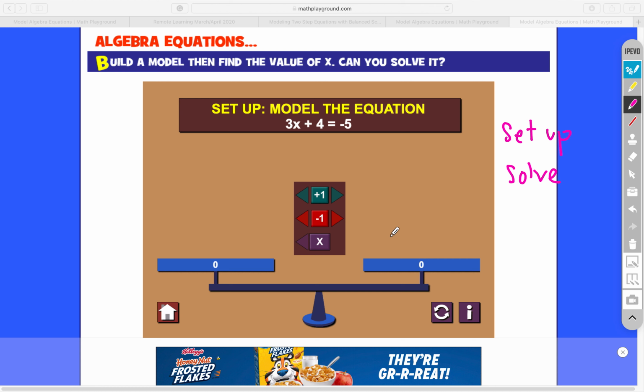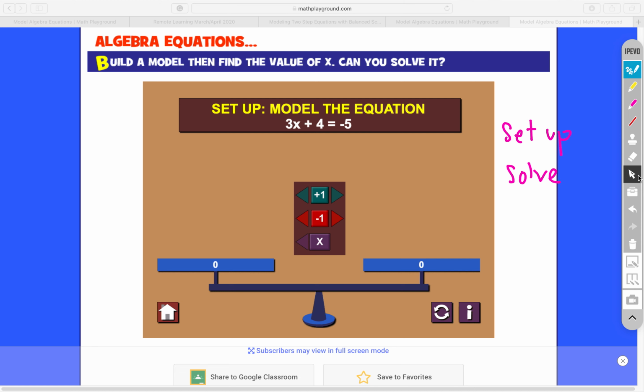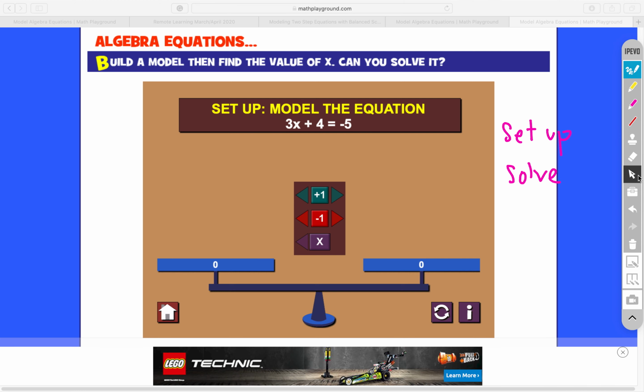So remember, last week we talked about how equations can be modeled with balanced hangers. And the week before we talked about how equations can be modeled with balanced scales. So this week we are revisiting that. You're going to set up a model to show the equation, and then you're going to solve the equation using that model.